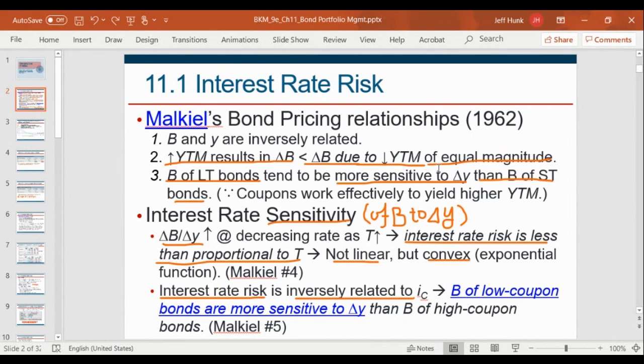Inflation and interest rate changes are systemic. It's coming from the system, and there should be a way to compensate for these risks.